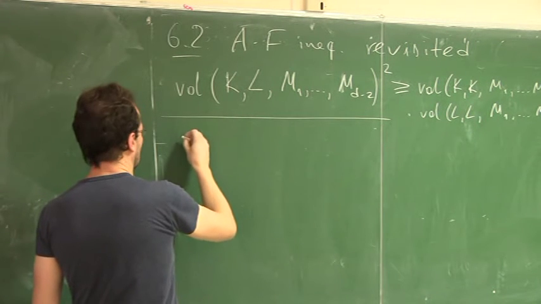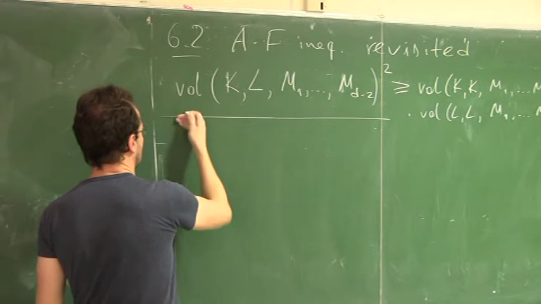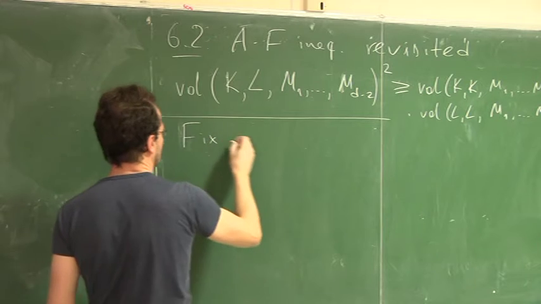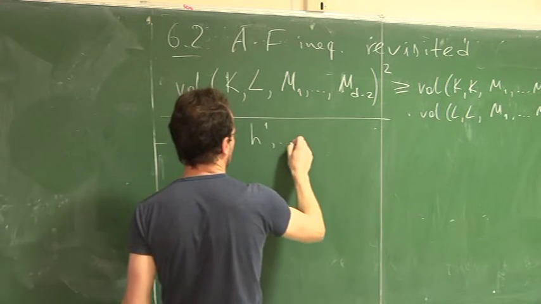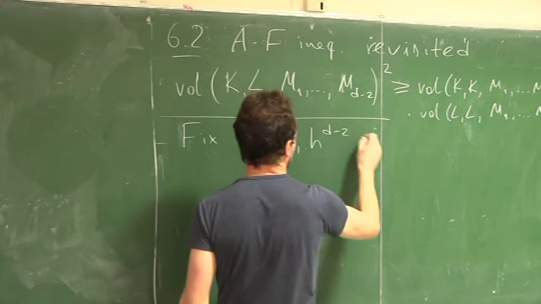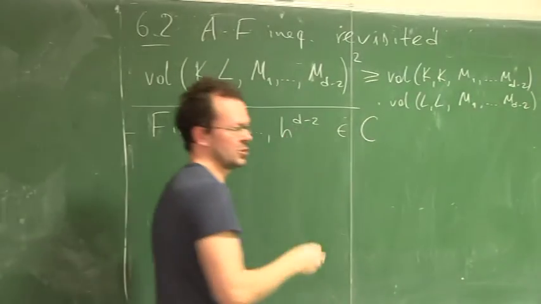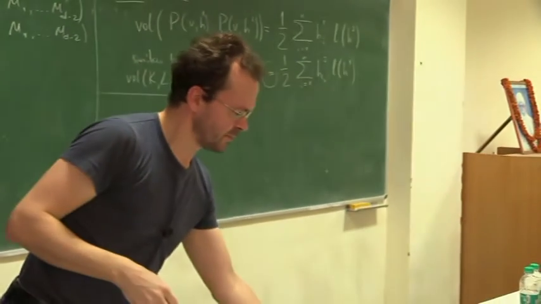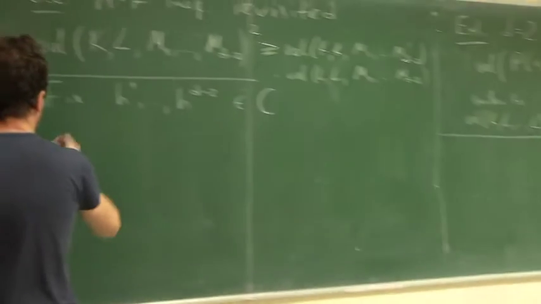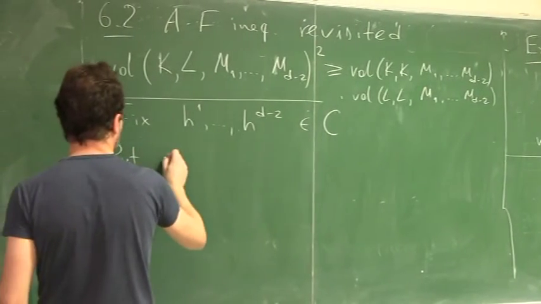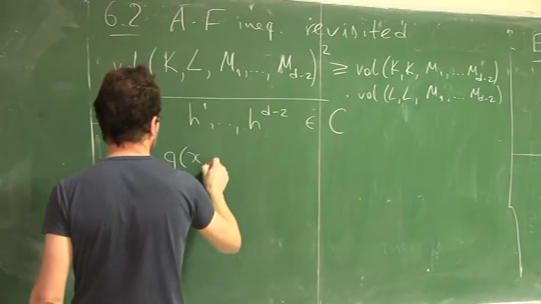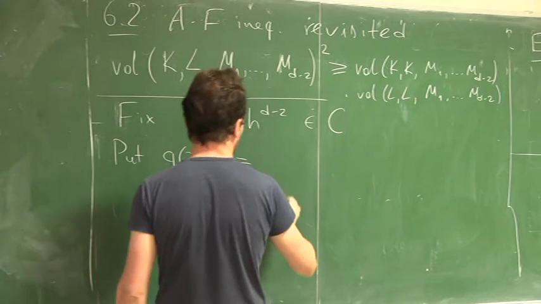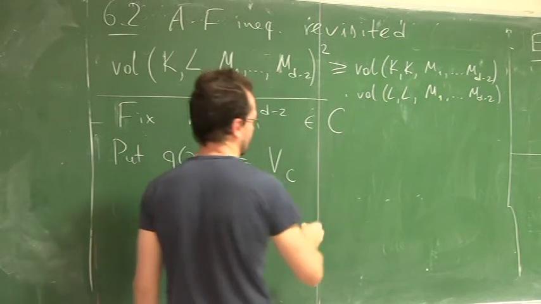To define this quadratic form, let us fix some h_1 through h_{d-2} in our domain C, which defines strongly isomorphic polytopes. And put Q(x, y) to be the corresponding polynomial.